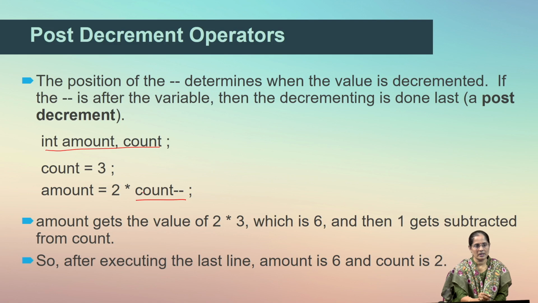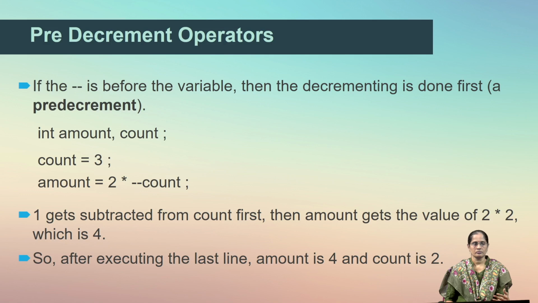Henceforth, on completing the execution, the amount value will be 6 and the count value will be decremented by 1, hence it is 2. The actual count value is 3 and now it is decremented to 2.